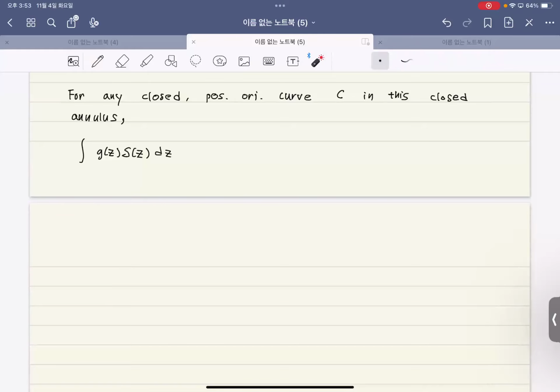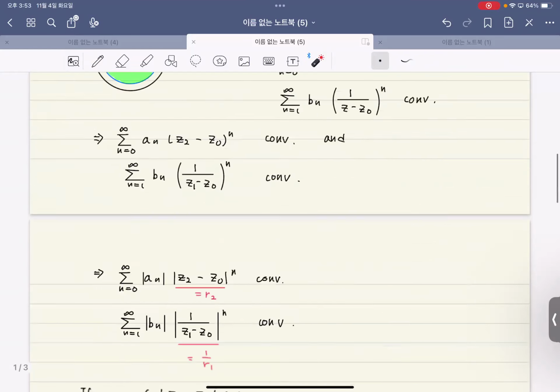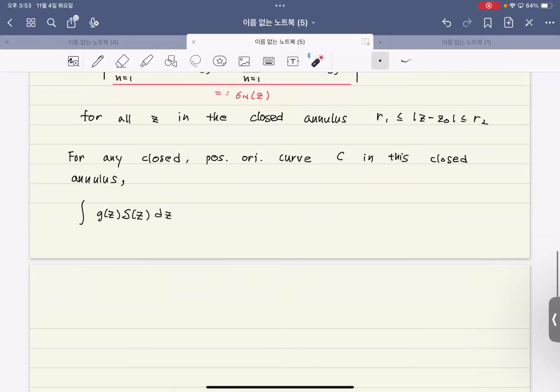Hold on, what is my S of z? S of z is the function that is being represented by this series. And I integrate.